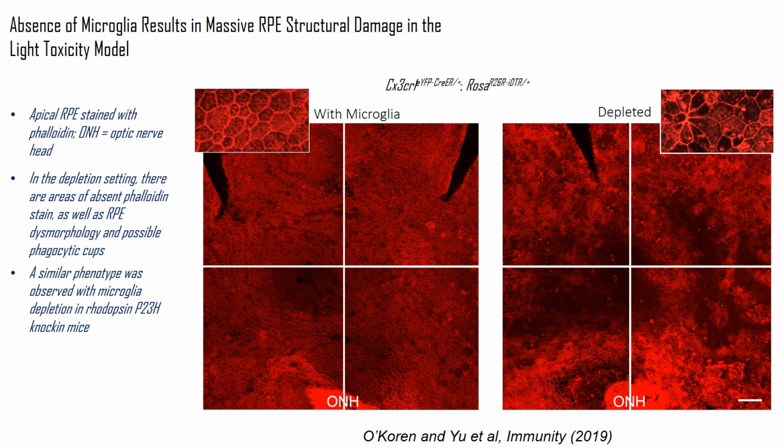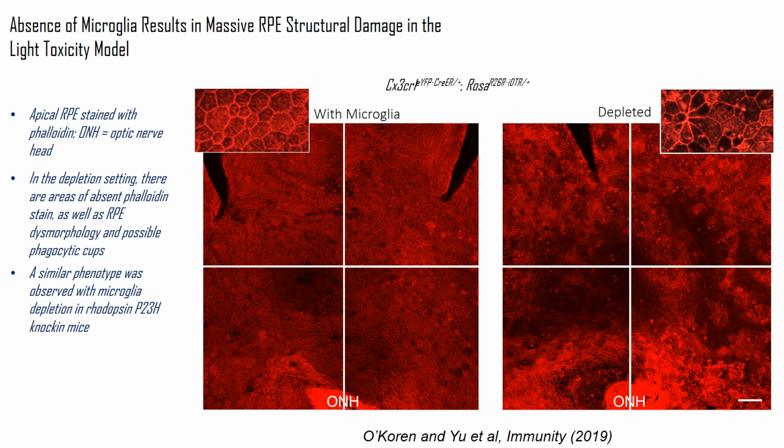And lastly, when one looks at the apical RPE structure using phalloidin staining, a very clear differential picture emerges. So in the context of light toxicity with microglia, there is some RPE dysmorphology and irregular staining, including potential phagocytic cups in the RPE.